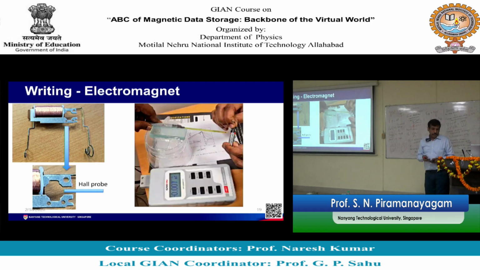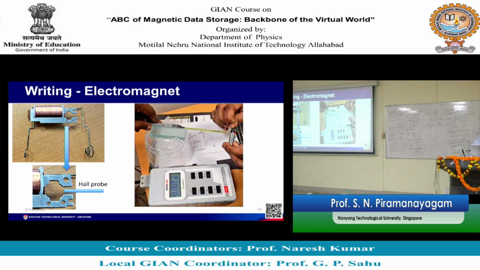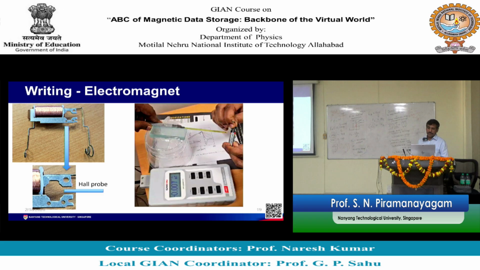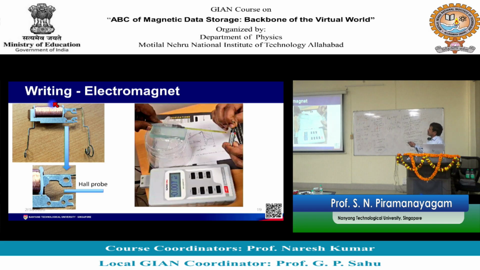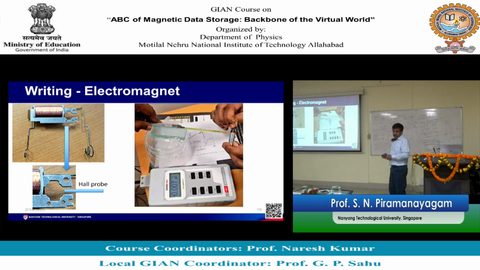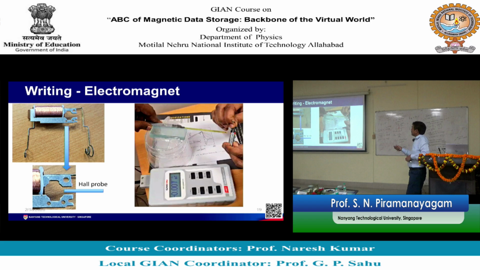Okay. So we briefly learnt about how we read information and how we store information. The next one is how we write information. So writing in a hard disk drive is done with an electromagnet. We learned yesterday, on day 2, that if you have a coil and you insert a ferromagnetic material inside, you can produce a large field.